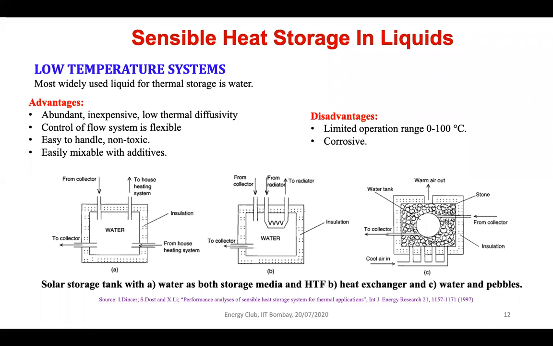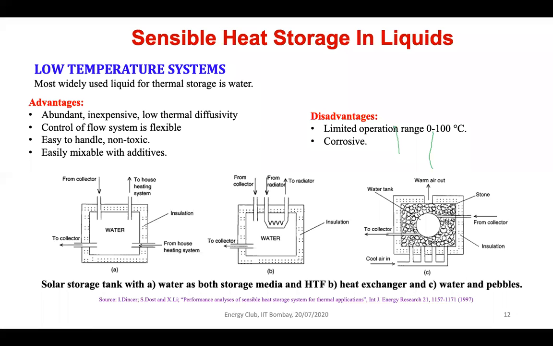However, disadvantage is that if you use water at atmospheric pressure, then the limitation of operation is something like 100 degrees centigrade. Sometimes if you use normal metal, this iron type of enclosure, then after some time it could be corrosive in nature.